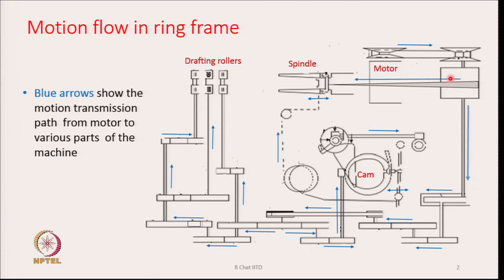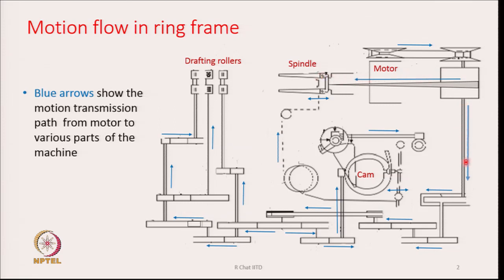So, this is the way the motion is flowing from the jockey pulley, and you will see there are a number of jockey pulleys on this shaft, and from these jockey pulleys the motion is going to the spindles.